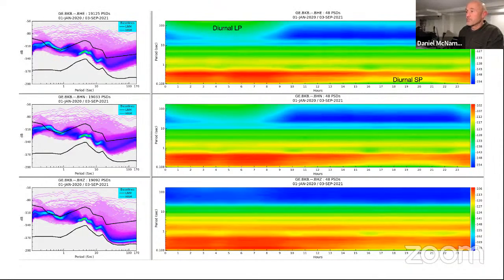That's a big range. So again, that could be vaulting, same as all of the other examples that we've shown. And then the short period noise, again, is also quite high and shows a fair amount of variation throughout the day due to proximity to cultural noise sources.